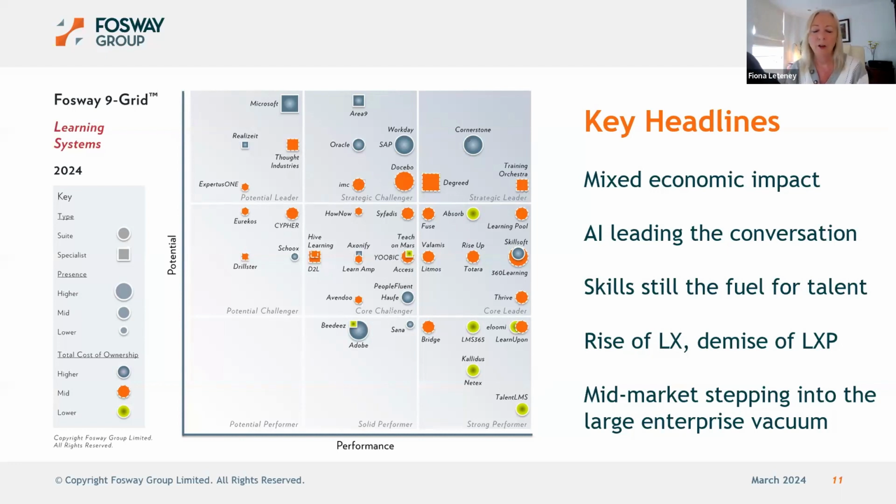We saw the generative AI revolution, if you like, that was imposed on learning because it came from the wider business world. And so it's had a huge impact and it leads the conversation.